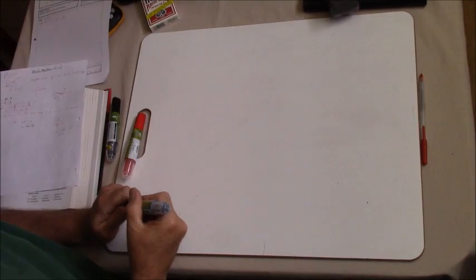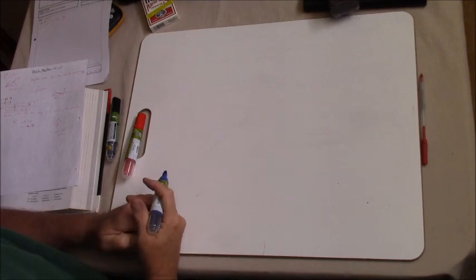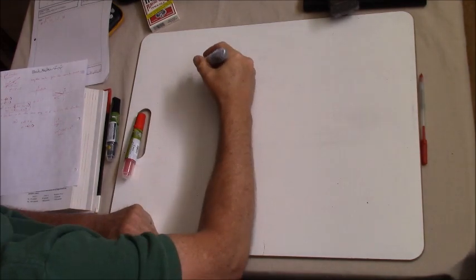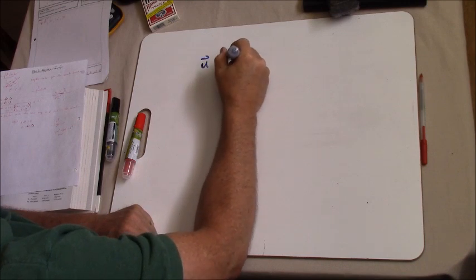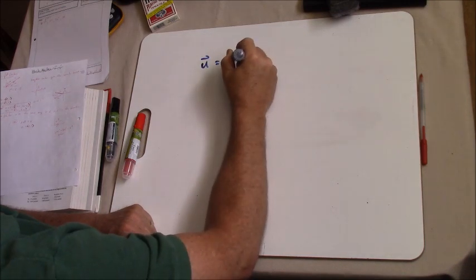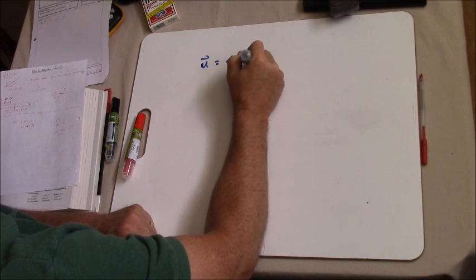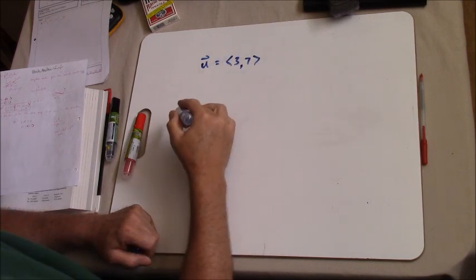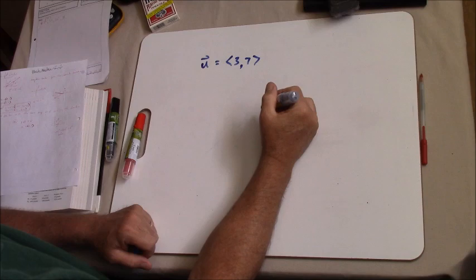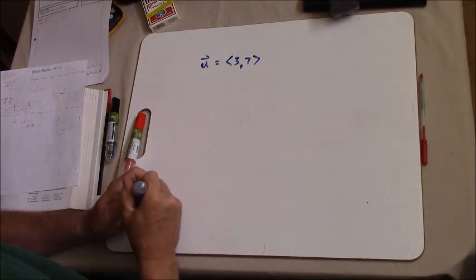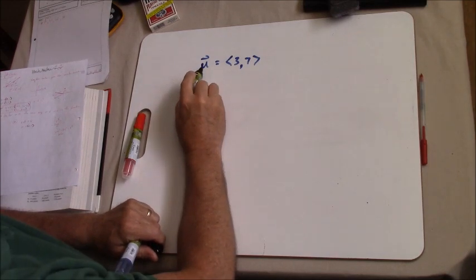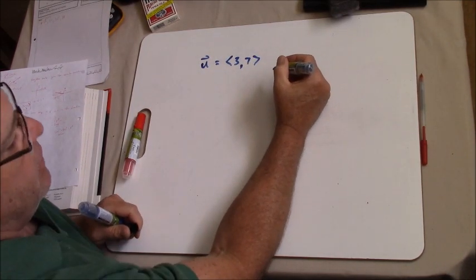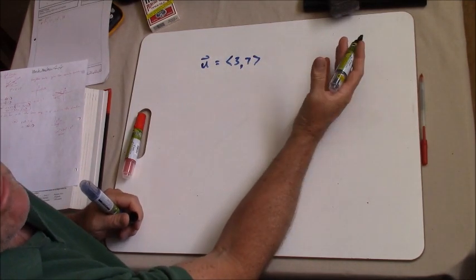All right? One more thing that I just want to look at. If you have a vector, let's just say vector u is equal to, in component form, 3, 7. Okay, starts at the origin, it goes to the point 3, 7. Then there's a rule that says if you multiply a vector by a number, in the physics world they call them scalar multiples.